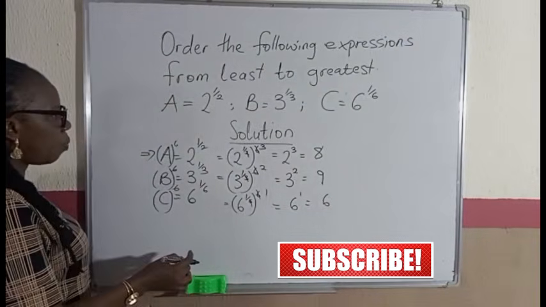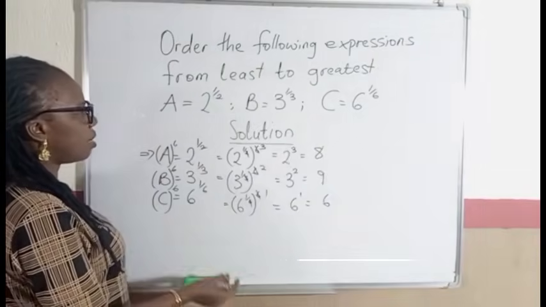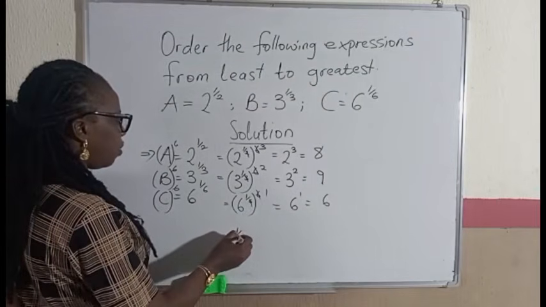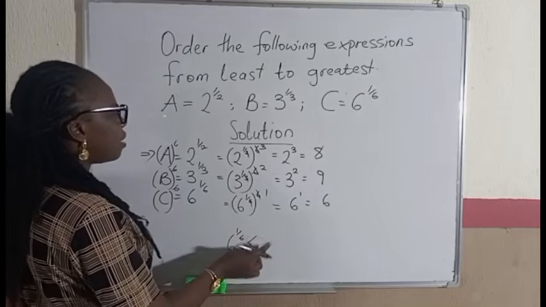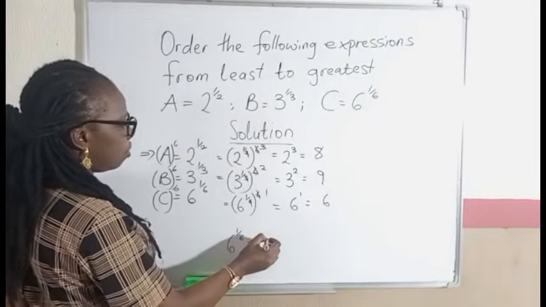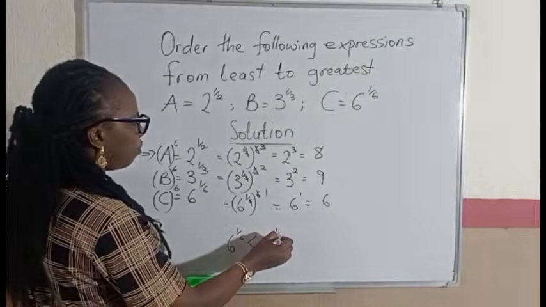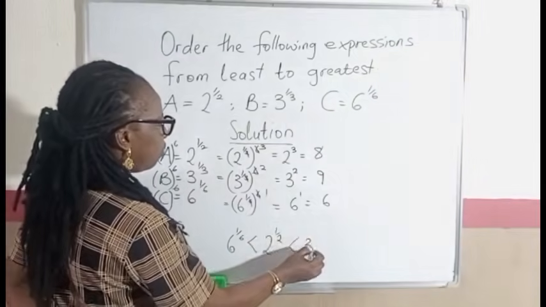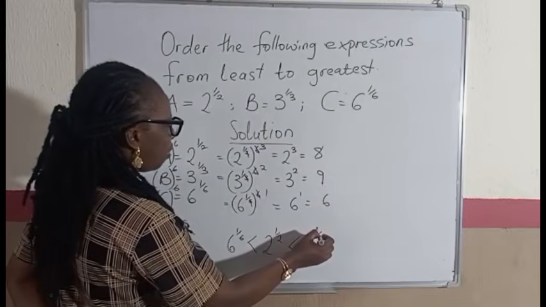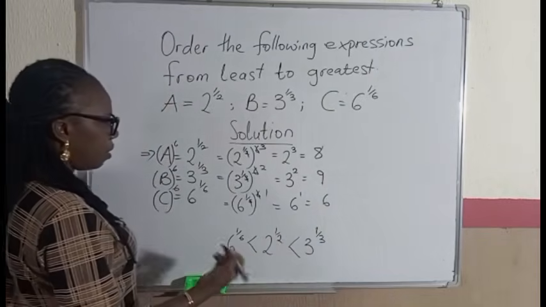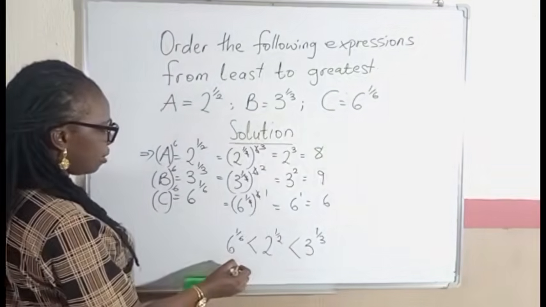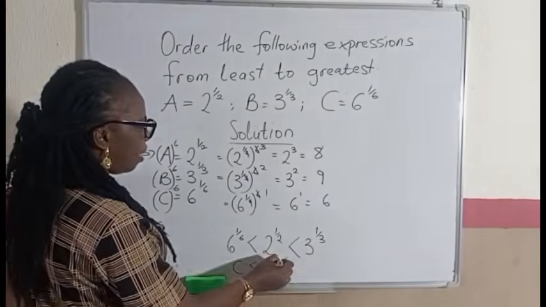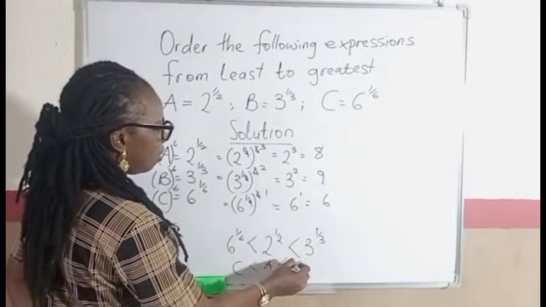Now, to compare from least to the greatest, the least is 6 raised to power 1 over 6, which is less than 2 raised to power 1 over 2, and this is less than 3 raised to power 1 over 3. The same way, it means that C is the least, followed by A, and then the greatest is B.